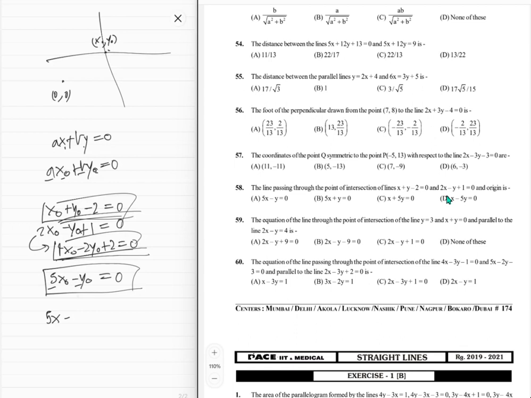And x naught y naught satisfies this equation, and 0 comma 0 obviously satisfies it because that's why we chose this format. There's only one such line, so obviously it is the line. So y equal to 5x, that's going to be A.